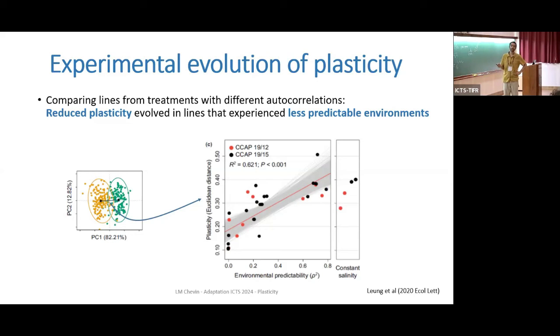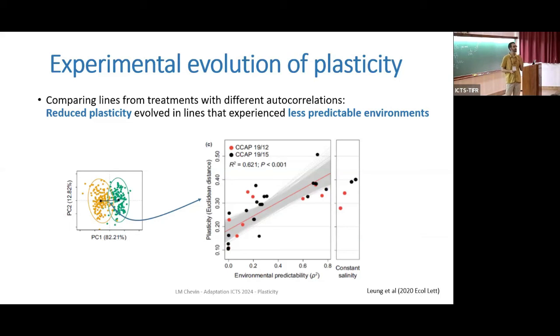It was the same across these two initial strains that we had in the experiment, where the ones in highly predictable environments had the same plasticity level as the one that stayed in constant environment, which we interpreted as plasticity is not costly per se because it wasn't lost in the constant environment. However, it was reduced in environments that fluctuated unpredictably.